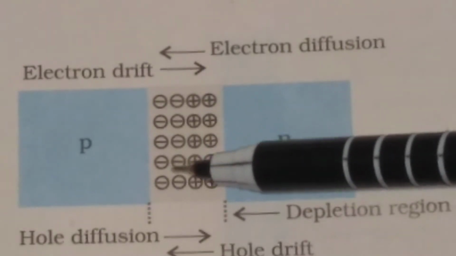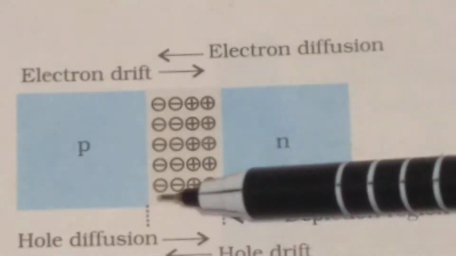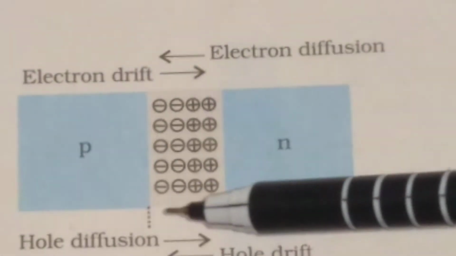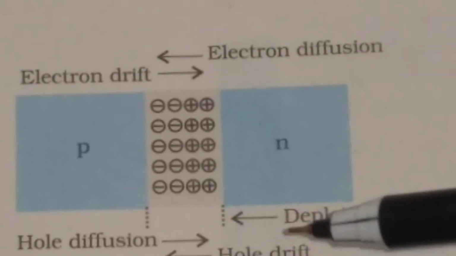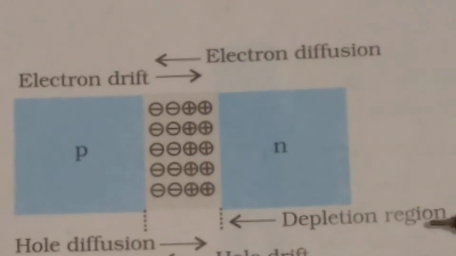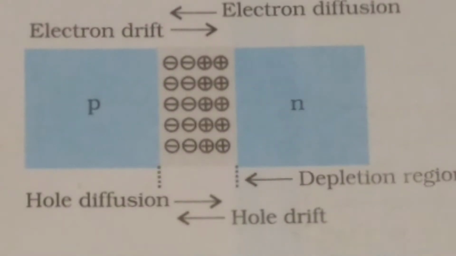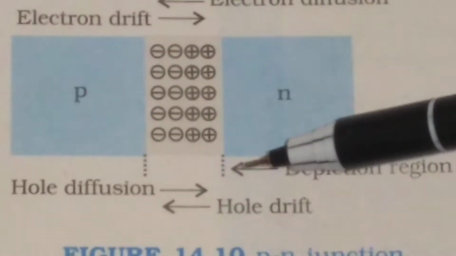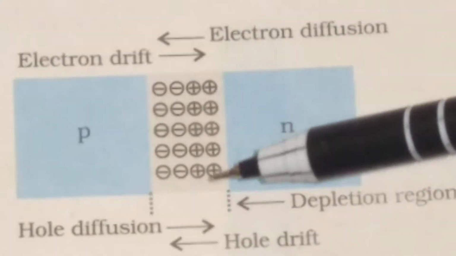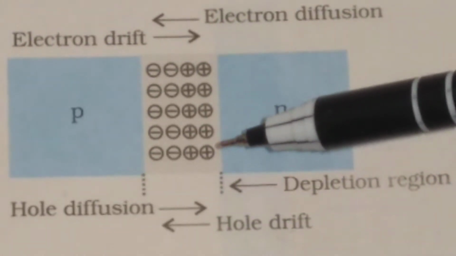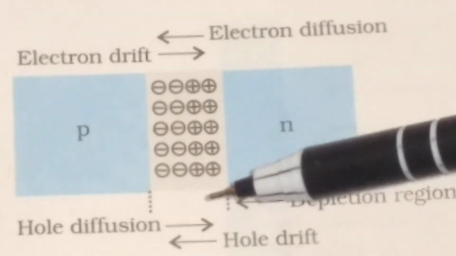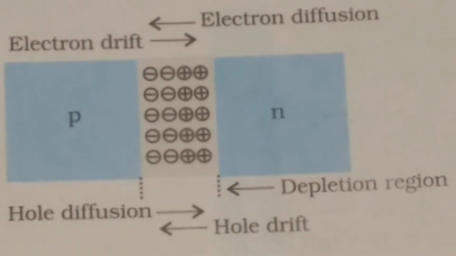So this negative charge and positive charge form a layer in between the junction, and this layer is called the depletion layer or depletion region. The thickness of this depletion region is of the order of 1/10 of a micrometer.